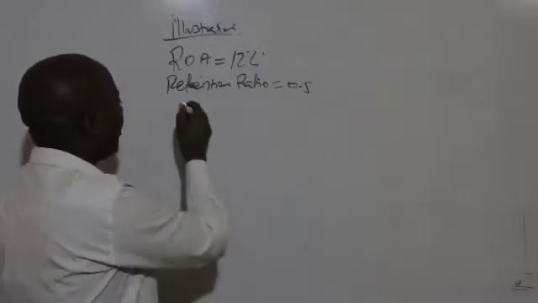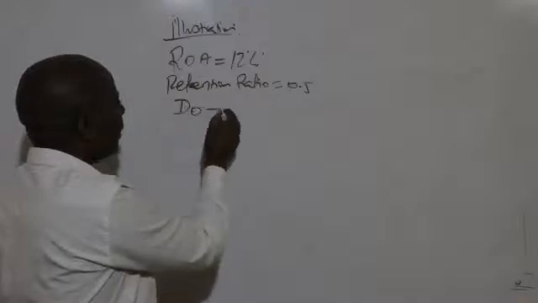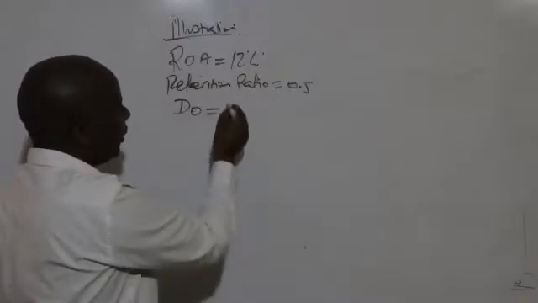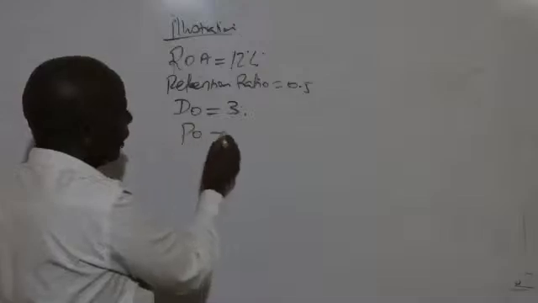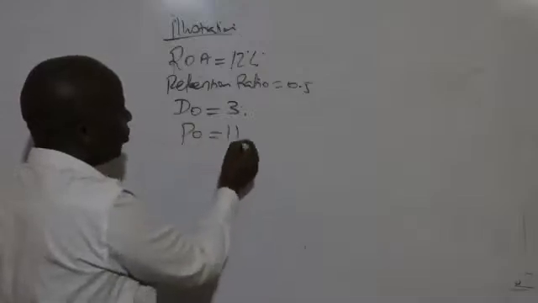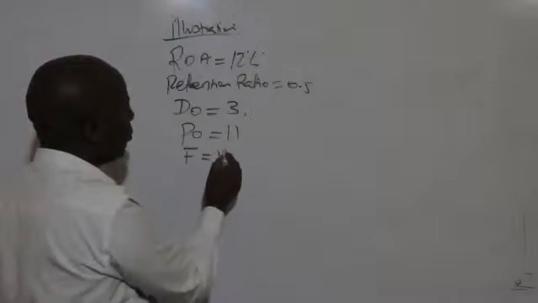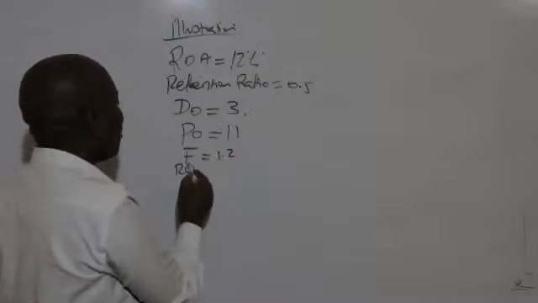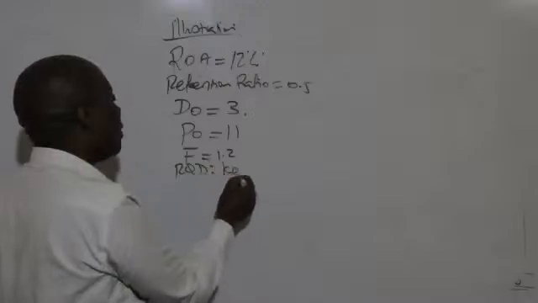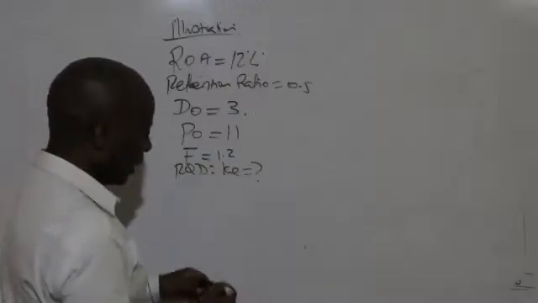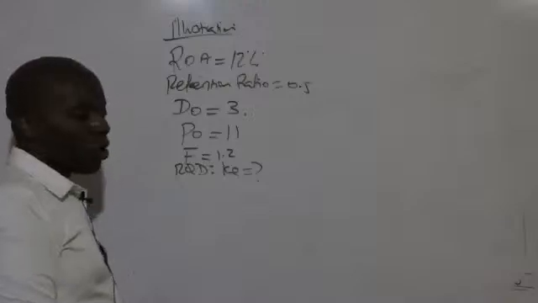And they have given us D0, which is 3. Then they have given us P0, which happens to be 11. Then they have given us flotation cost, which happens to be 1.2. And then they want us to determine the cost of equity.